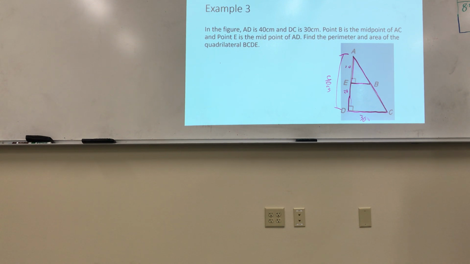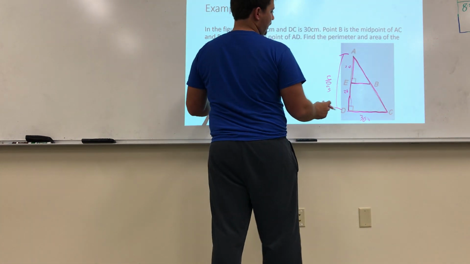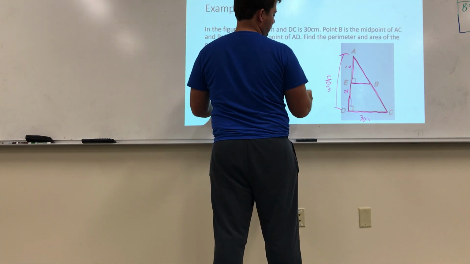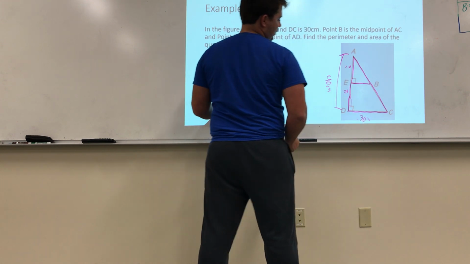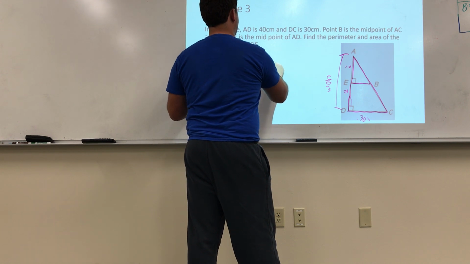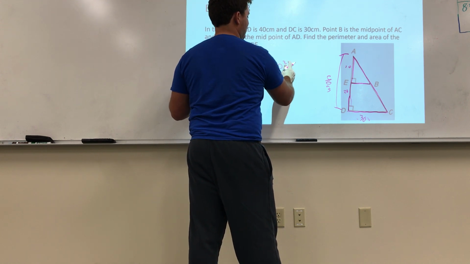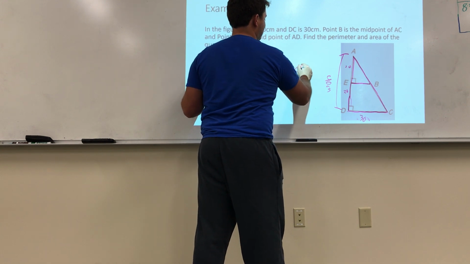Alright, we gotta figure out what we know and if we have enough information. Well, I can figure out this side, AC, by using the Pythagorean theorem, a squared plus b squared. This would be my a, this would be my b, I should get my c. So we have 30 squared plus 40 squared equals c squared.